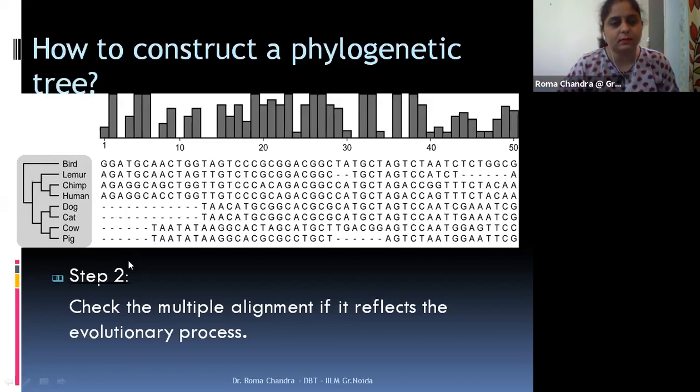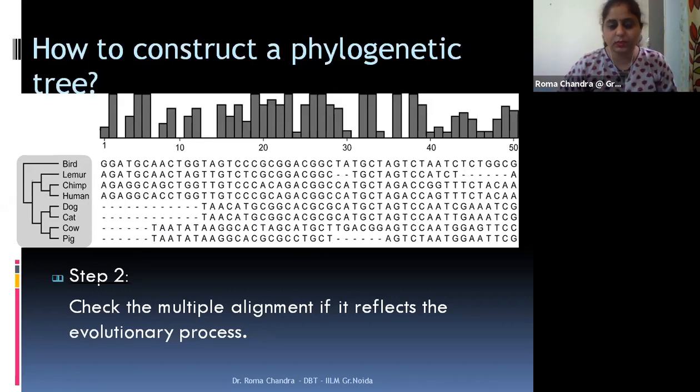Based on the similarity, the tree was constructed. It has roots, nodes and branches. There is a common node here, and depending on the node, the branches are divided, representing what amount of similarity and variation there is between the sequences, and how they are evolutionarily related to each other.